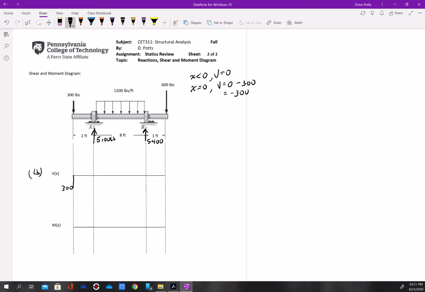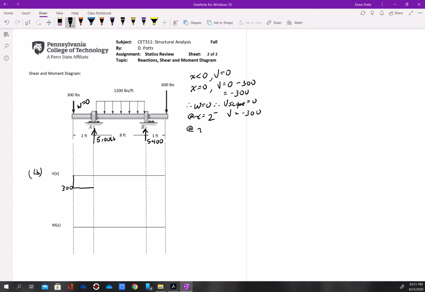All right, uniform load is 0, so therefore W is 0, so therefore V slope is 0. So we know this is a horizontal line straight across. So we know at x equals 2 feet minus, V still equals negative 300.